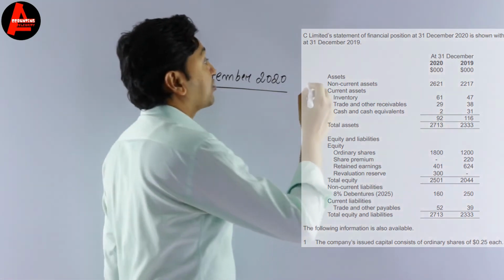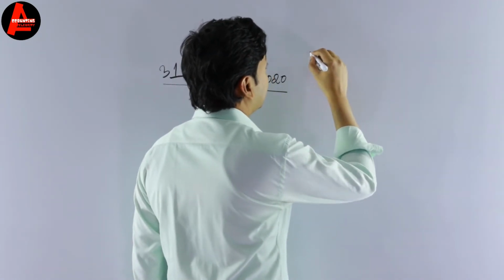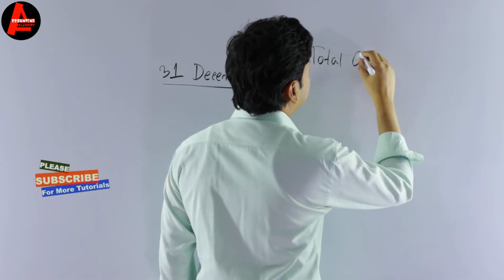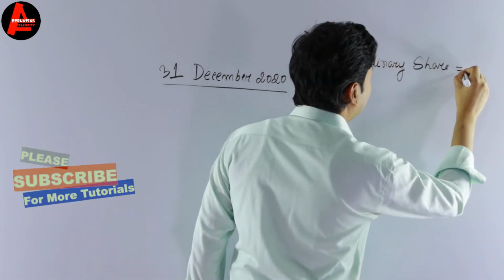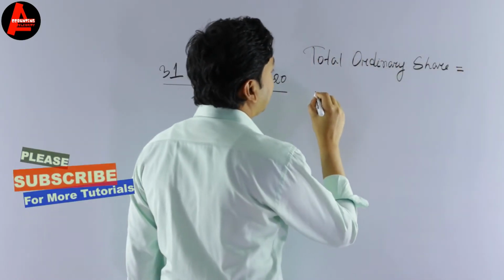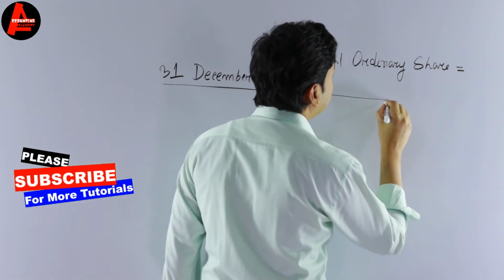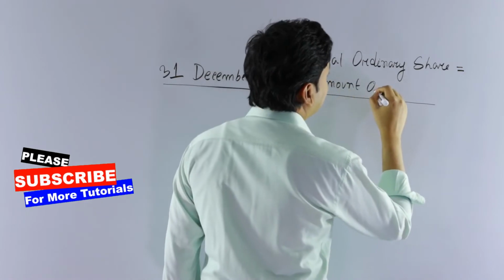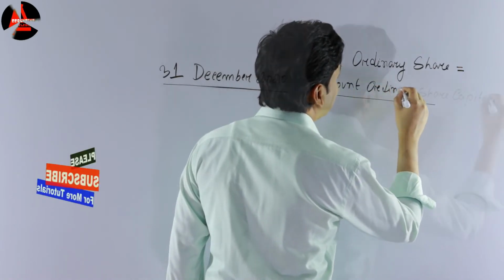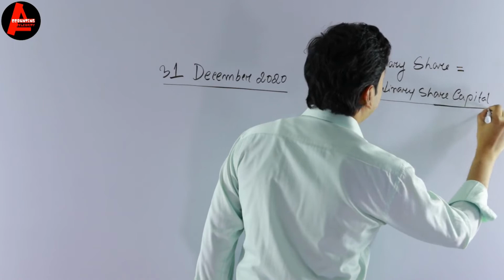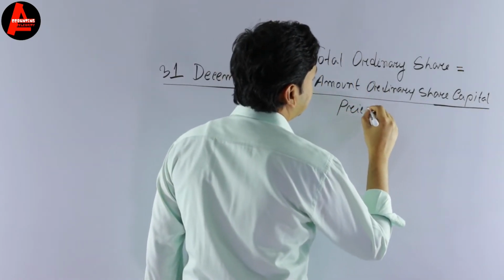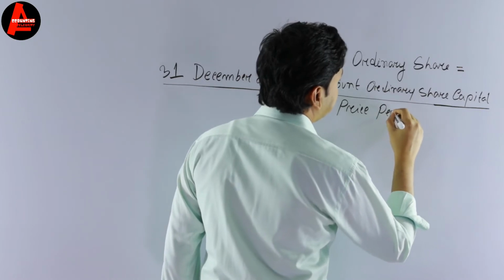Let us write here: number of total ordinary shares equals amount of ordinary share capital divided by price per share.